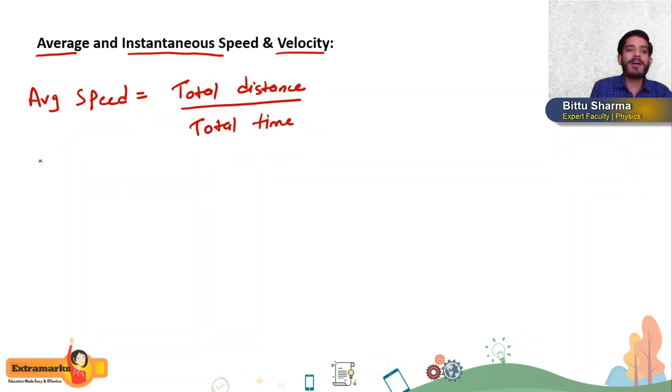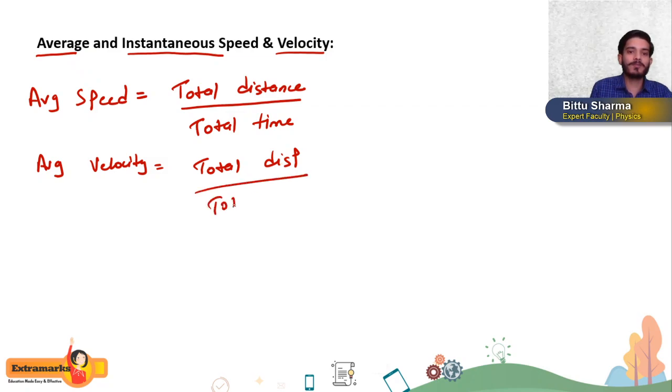In the same way, average velocity will be the total displacement divided by total time. So for average speed and average velocity, the formula is total distance by total time and total displacement by total time.